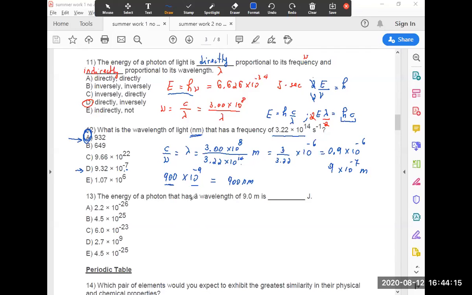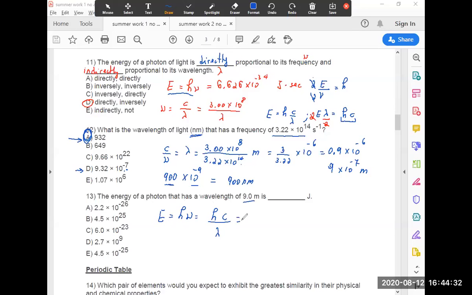And then the energy of a photon that has a wavelength of 9 is h times nu. But I have the wavelength, so I have to do hc divided by the wavelength.